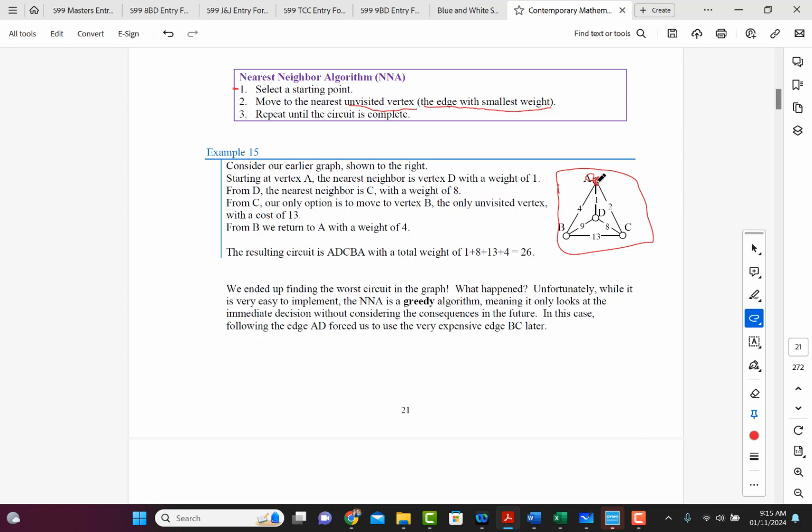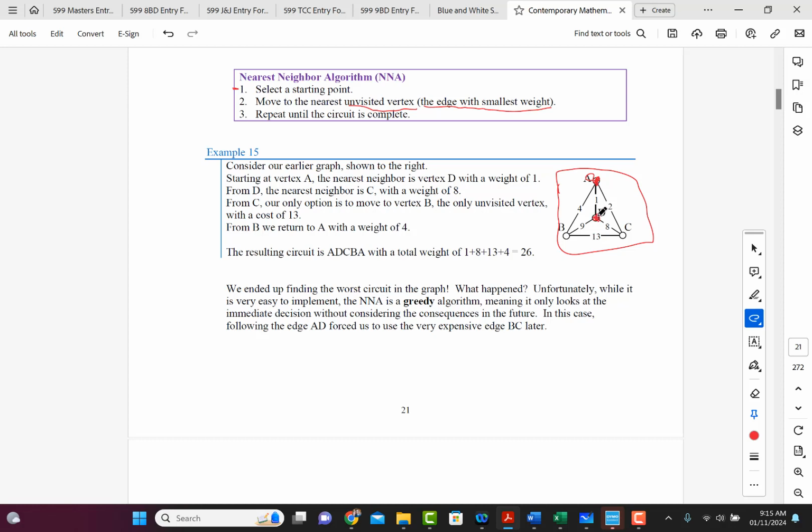So what are all the paths connected to A? We have A to B, A to D, and A to C. Obviously the nearest one is going to be A to D, right? So let's do that. Now we've got A to D.